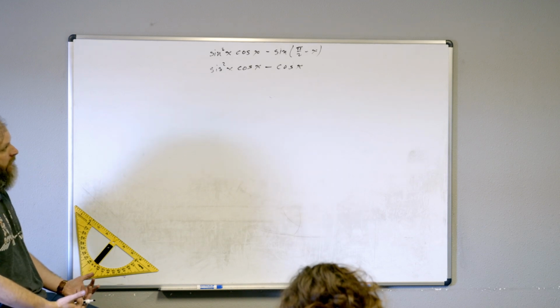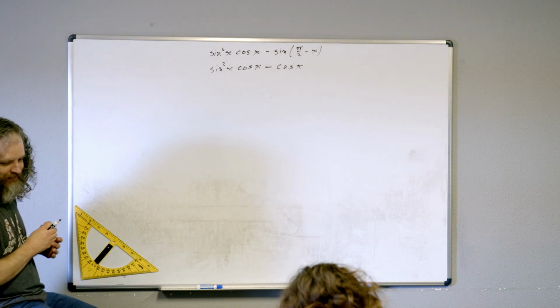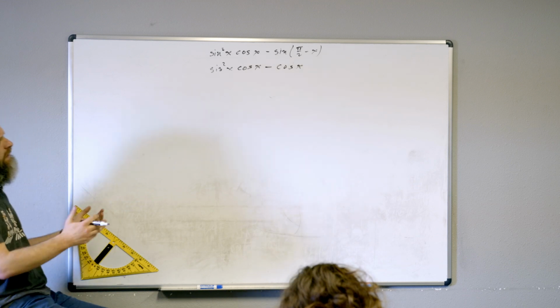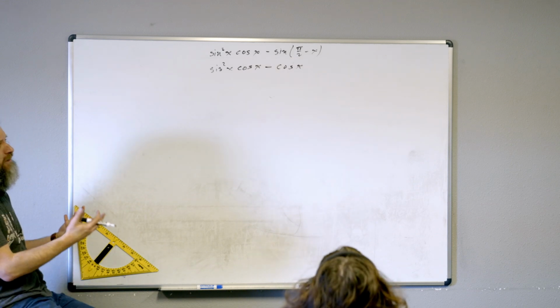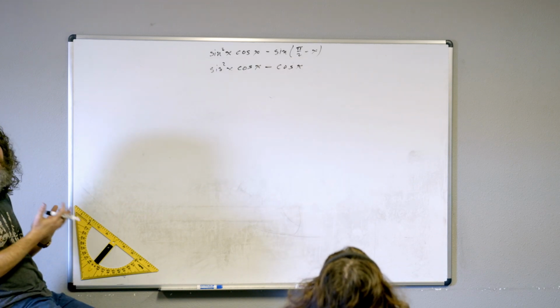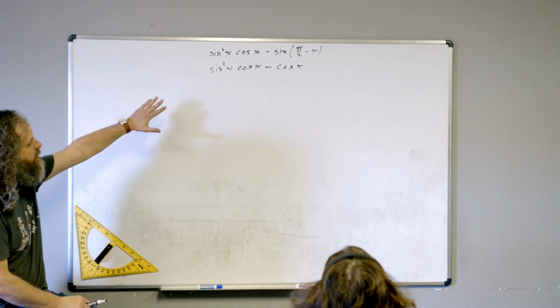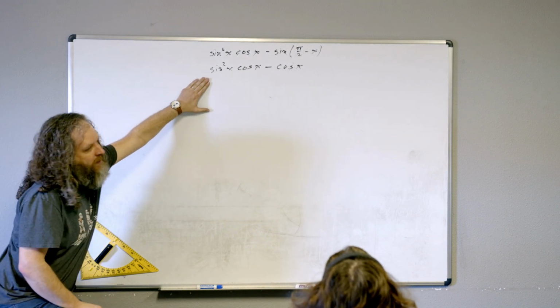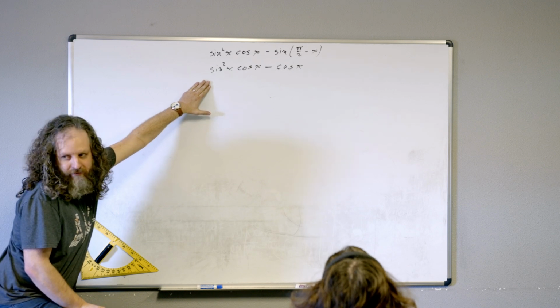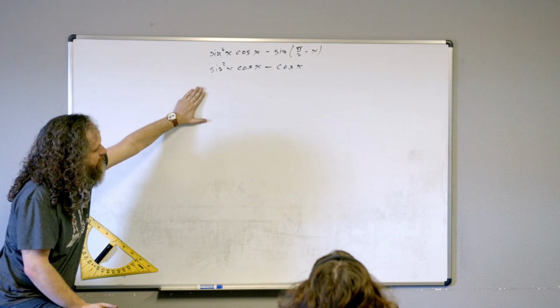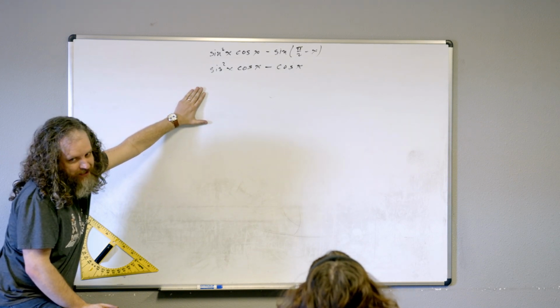We got a sine squared, so we might end up using the Pythagorean identity, but there's something we can do to simplify it before we even go there. You could turn this into 1 minus cosine right now, but there's something else we could do that's gonna make it simpler.